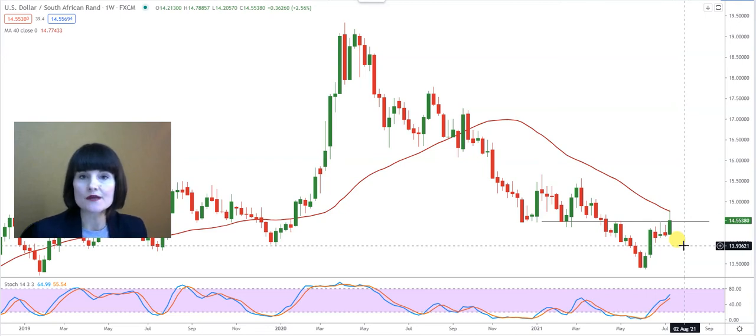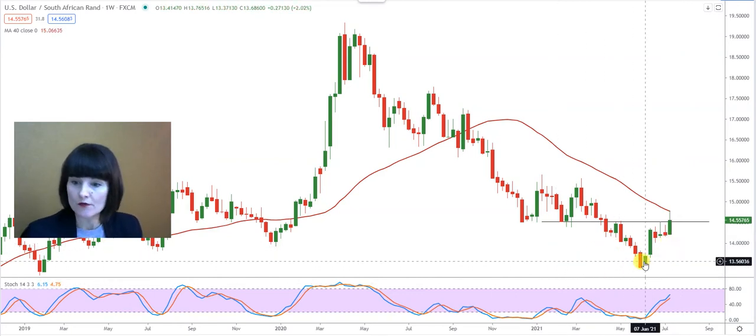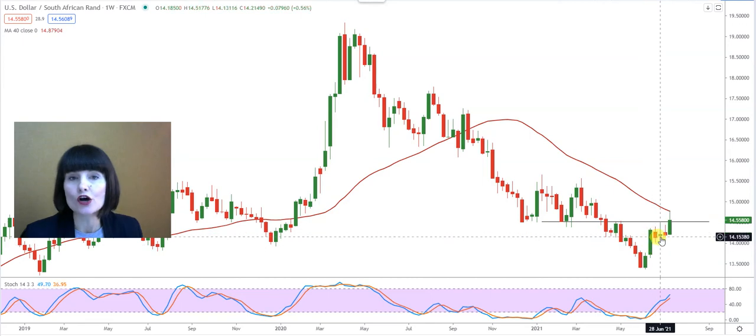So let's have a look at the USDZAR currency pair, or the Rand against the American dollar at the moment. On the week of the 7th of June, a beautiful bullish engulfing candle implied the first sign of weakness on the Rand when it closed at 13 Rand 68. Ever since then, higher lows were visible.